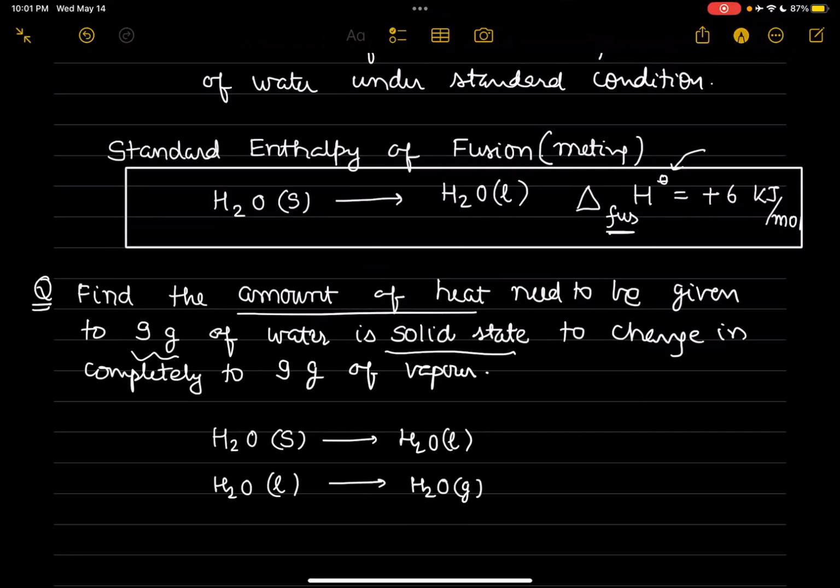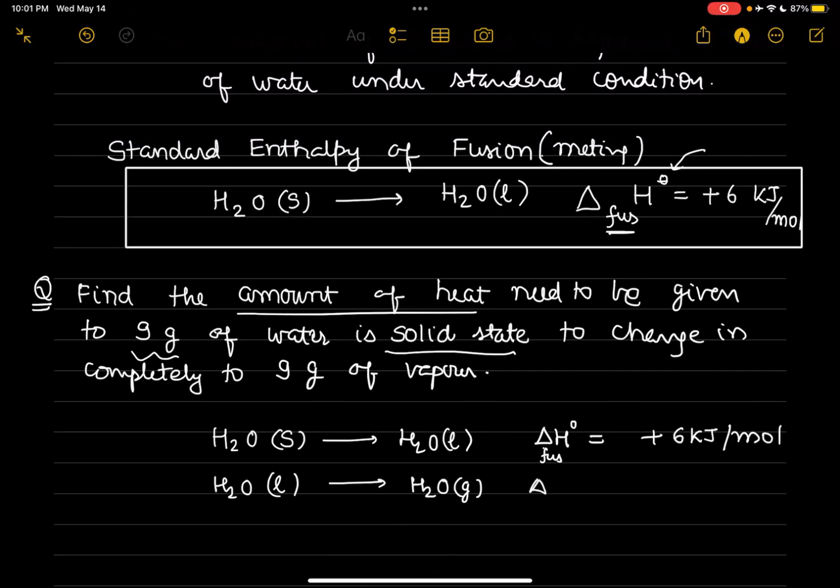This much heat, the standard enthalpy change, is basically this fusion, plus 6 kilojoules per mole. Very, very important to note that.